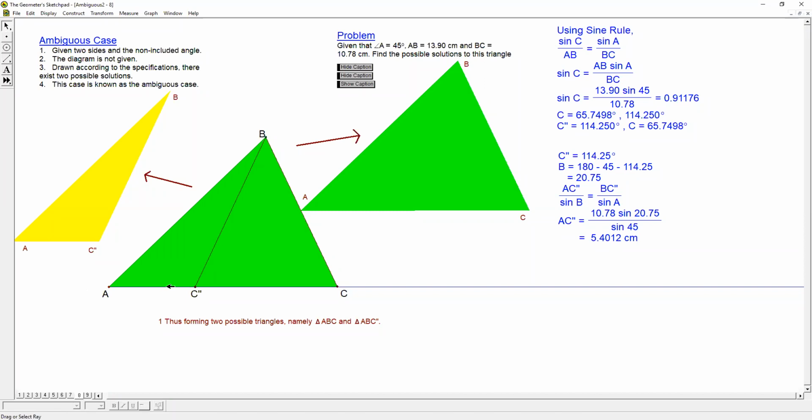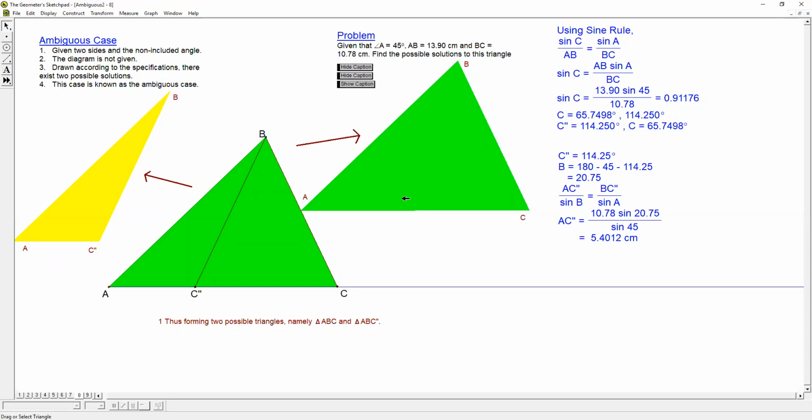You use the sine rule, sine AC over angle B, then you use the same known pair, BC double prime divided by sine of angle A. You apply the sine rule again to find the length at the bottom here, AC.